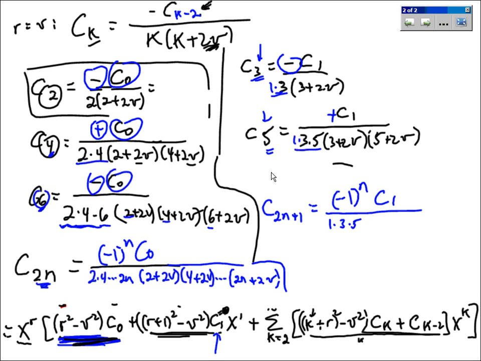Alright, so we're going to go up to 2n plus 1. I ran out of room here, but also times in the bottom is going to be 3 plus 2b times 5 plus 2b all the way up to 2n plus 1 plus 2b.